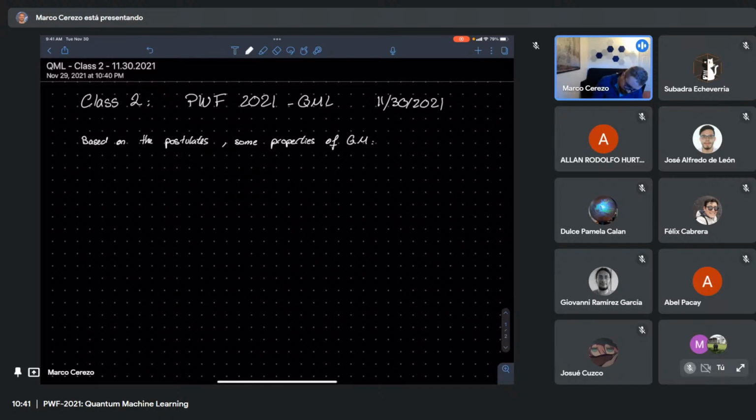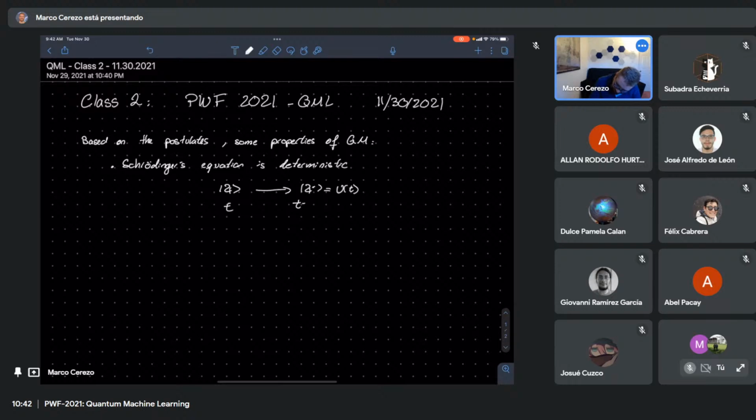So first, Schrodinger's equation is deterministic. That means that if I know the quantum state I'm starting with at time t, then I evolve it to a time t prime, I exactly know where my state is going to be via the solution of the Schrodinger equation.